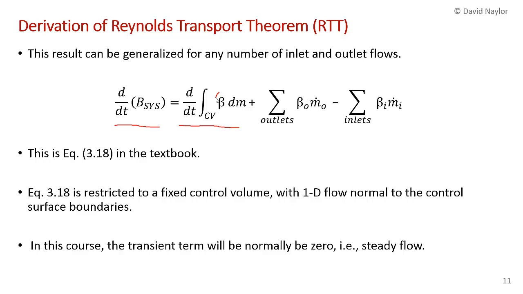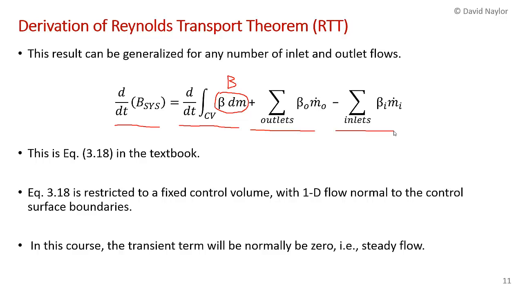And keep in mind that the integral of beta dm here would be the total amount of B in the control volume. And then we add on the rate at which B leaves the control volume, and we subtract the rate at which B enters the control volume. And this is equation 3.18 in your textbook.